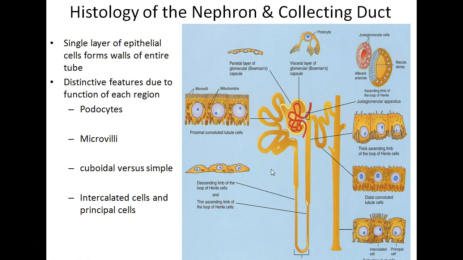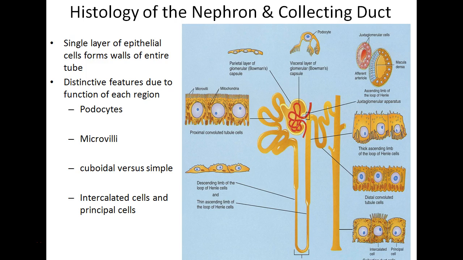When we move through the descending loop of the proximal convoluted tubule, we arrive at the nephron loop. We're going to have some simple squamous epithelia that lines the thin segments of each limb, and then simple cuboidal epithelia is going to line those thick segments.